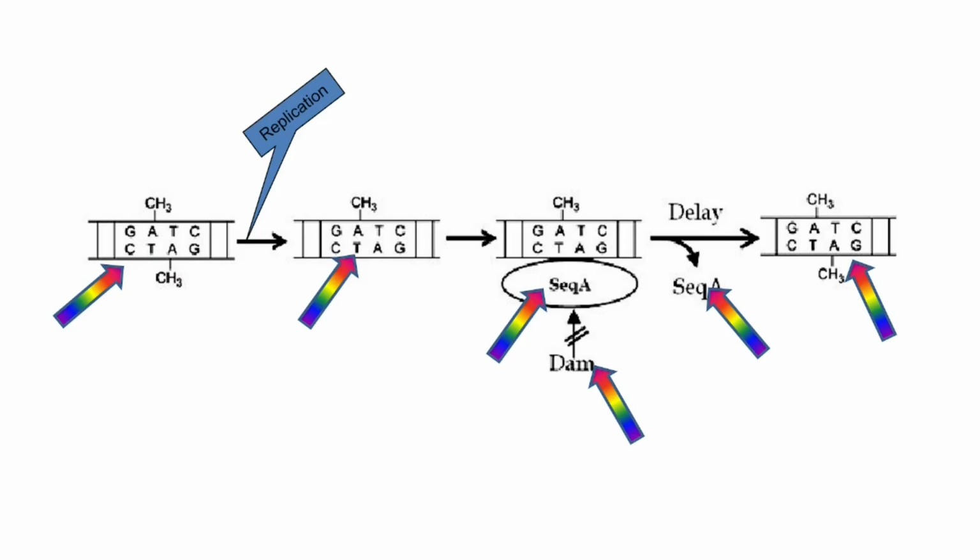Just as oriC is one site of control of initiation of replication, the second target is the dnaA gene. The promoter of the dnaA gene also has similar GATC sites which are methylated. In the hemimethylated state, the dnaA promoter is repressed and the level of DnaA protein goes down during this period.